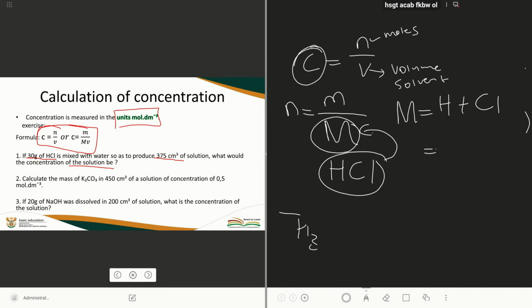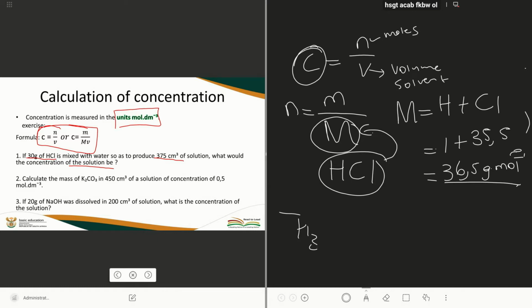If you are referring to your periodic table, you will see that the atomic mass of hydrogen is 1. And the atomic mass of chlorine is 35,5. When you add the two, this will give you 36,5 grams per mole. So this is the molar mass of hydrochloric acid.